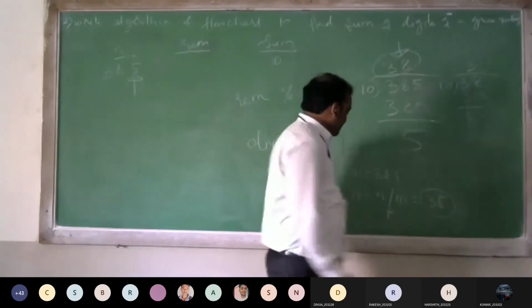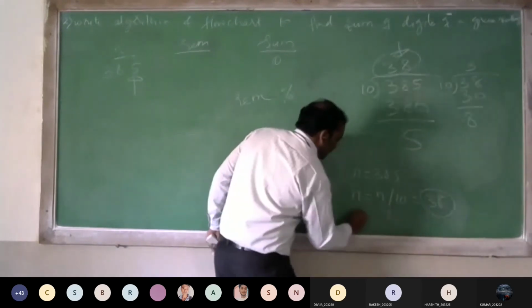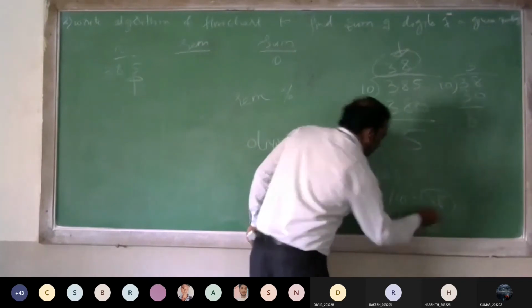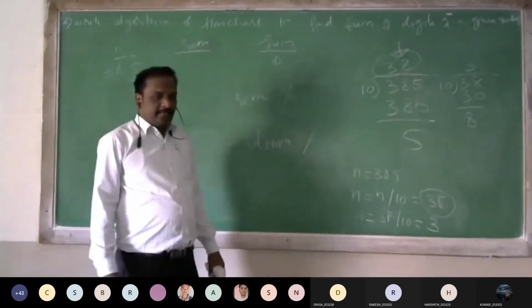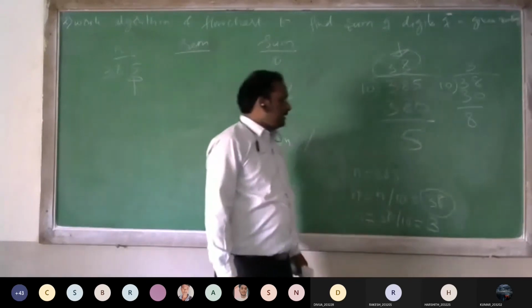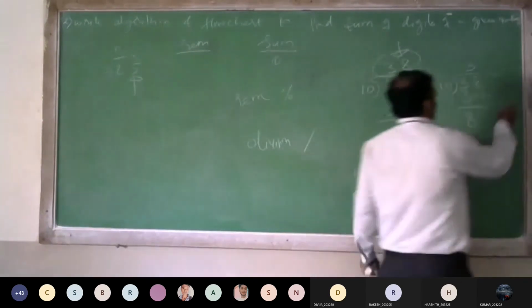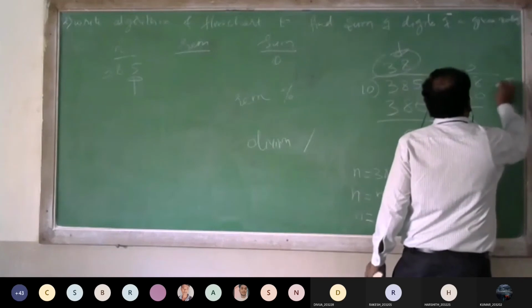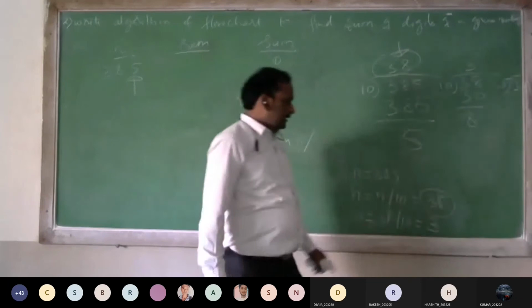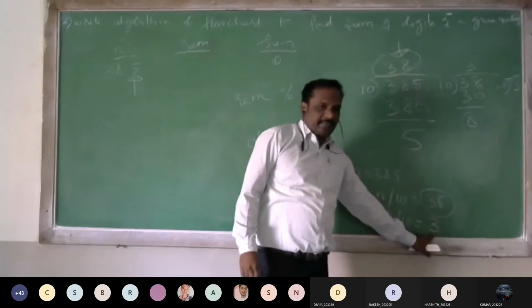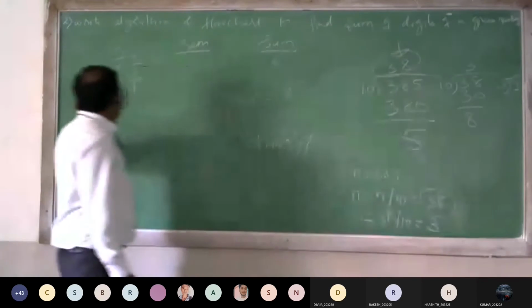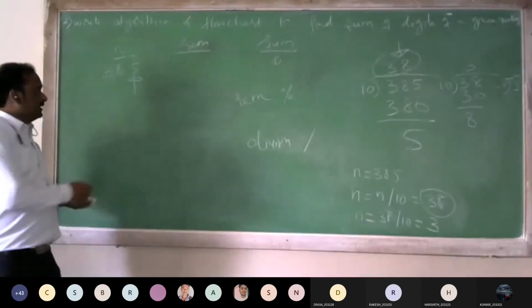Now again divide n: n is equal to n by 10, 38 by 10 is 3. Now again do this one. 3 is not divisible by 10, so the remainder will remain 3 itself. You have got this digit, 3. Add this 3.